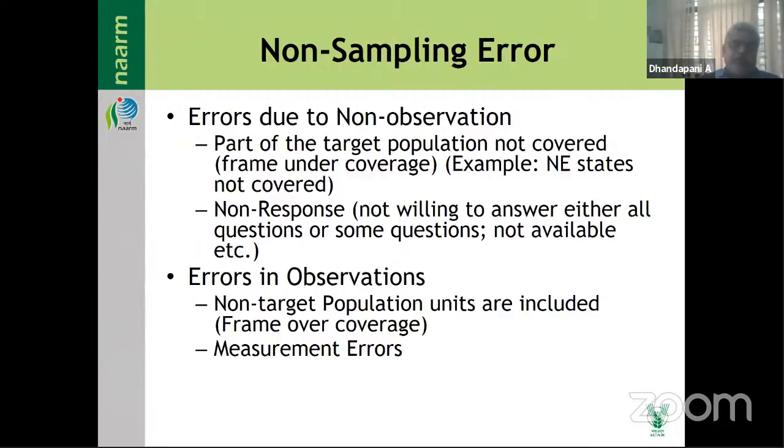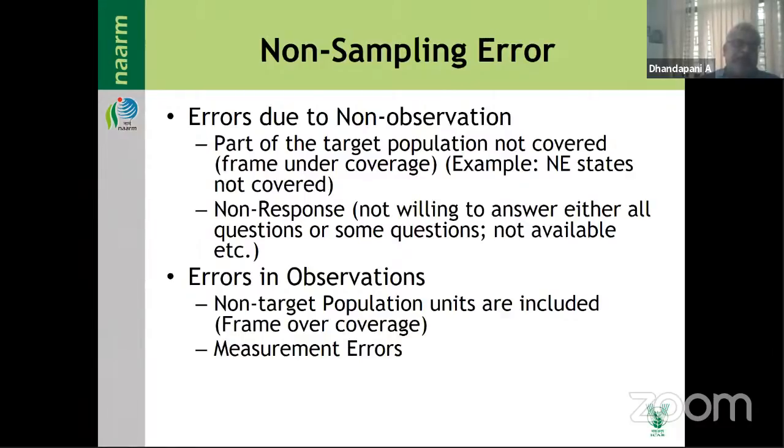So this is what will happen if there is a huge non-response, and that is why many times, if you look at the survey reports or the papers based on sample surveys, many of the international journals will ask you what your non-response rate is.